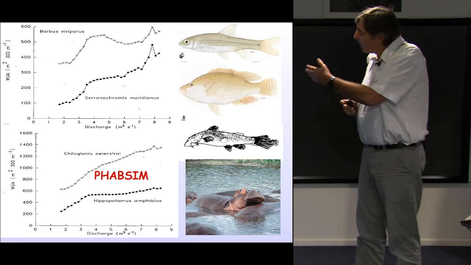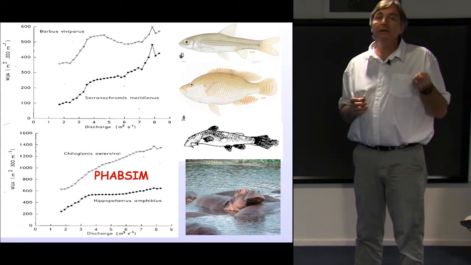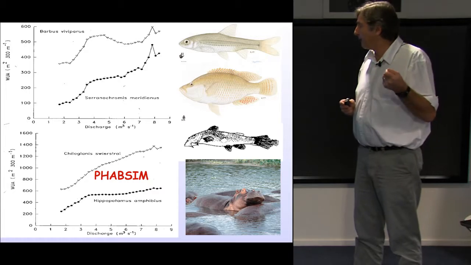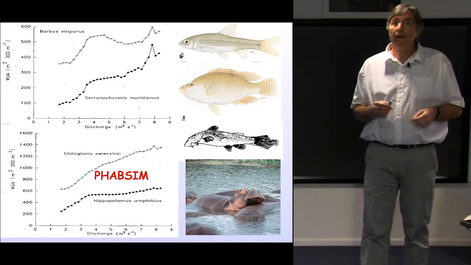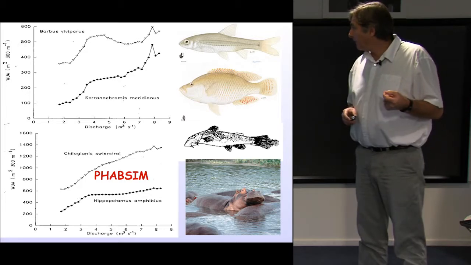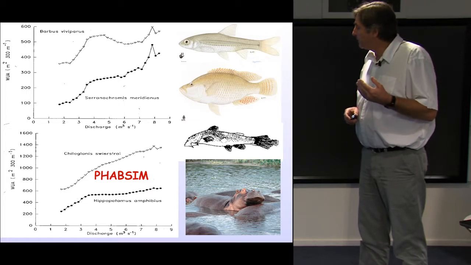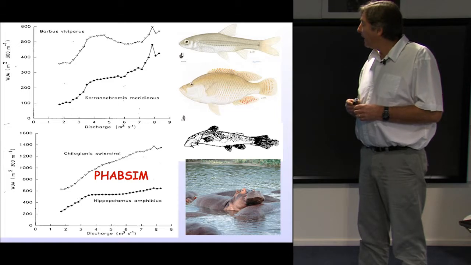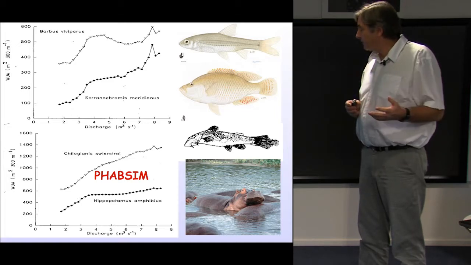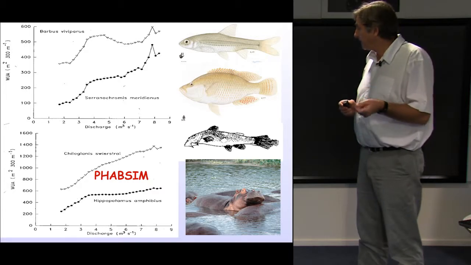And on the y-axis you can see something called WUA, which is the wetted usable area, or preferred habitat, in terms of square meters per 300 meters of this part of the river. And what you can see with all the species is that as the base flows are reduced from 9 cubic meters per second, the habitat reduces, not equally for all the species, but for all those species it does reduce.